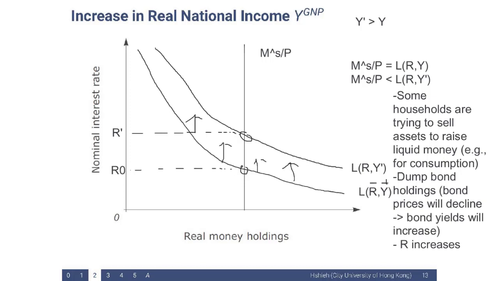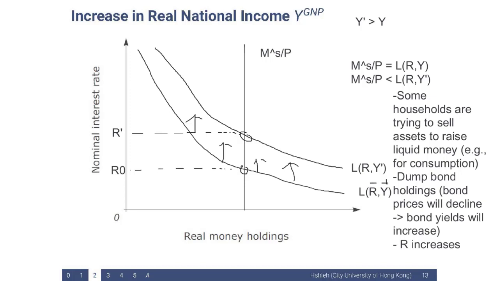Some households are trying to sell assets to raise liquid money. For example, for consumption. But it doesn't have to be. Some people want to invest in riskier assets. Yes? That's also possible.